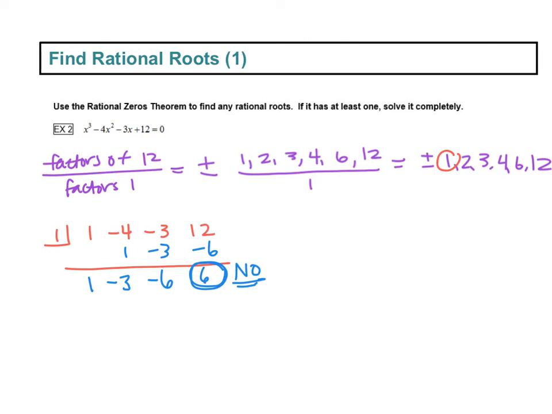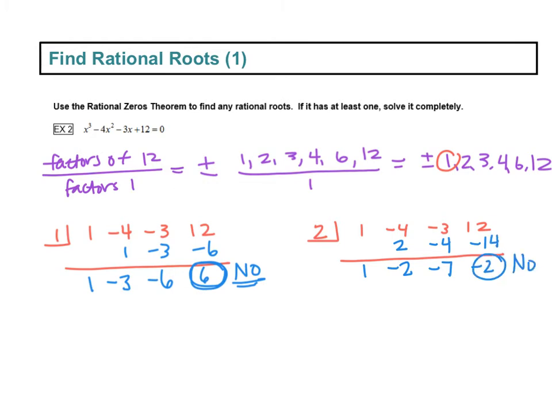Let's try 2. So same thing again. We already wrote the coefficients out. 1, negative 4, negative 3, 12. We want to find a factor up here that when we do our synthetic division, we get that 0. Alright, so we add down, multiply, add down, multiply, add down, multiply, add down.